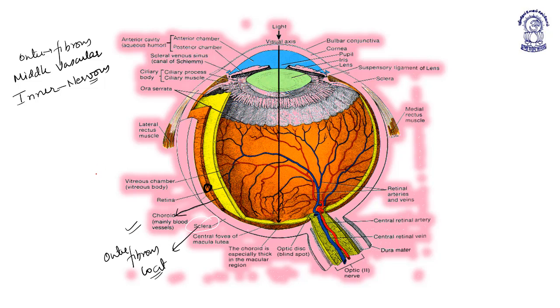The outer fibrous coat is sclera, the middle vascular coat is choroid, and the inner nervous coat is retina. The middle coat, which is vascular, consists of choroid, ciliary body and iris. Okay.